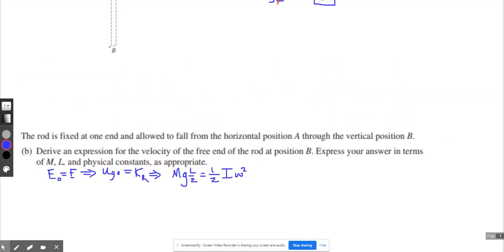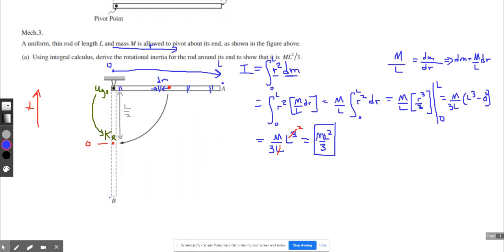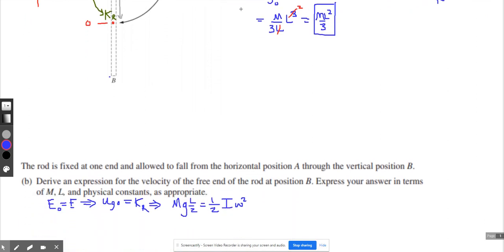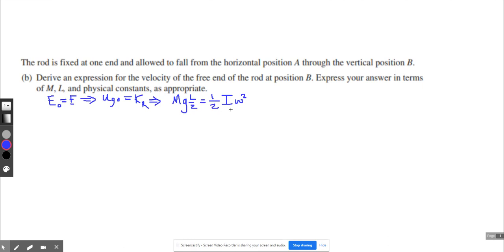Just a heads up, you need to anticipate for part A that you're probably going to recycle that answer down into part B or C. So we have the moment of inertia right here, and we're going to end up putting it in right in this spot. I have a couple little changes we're going to do here.